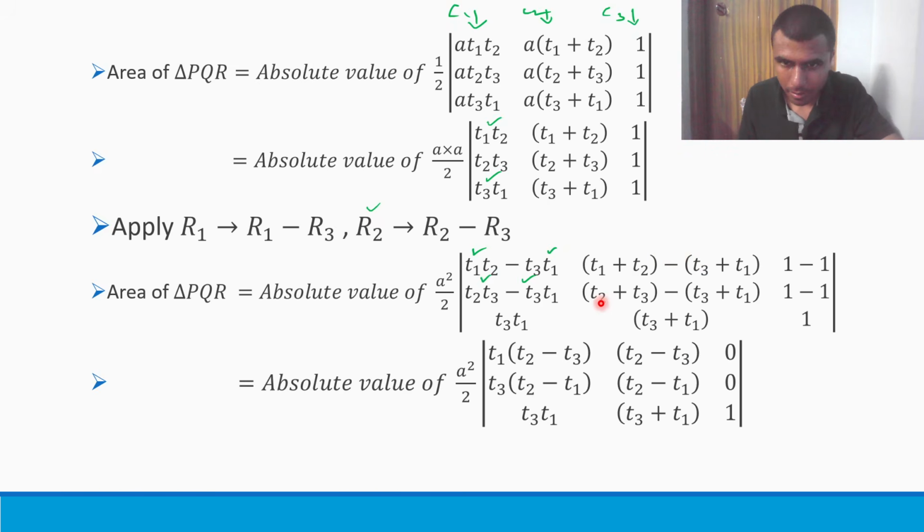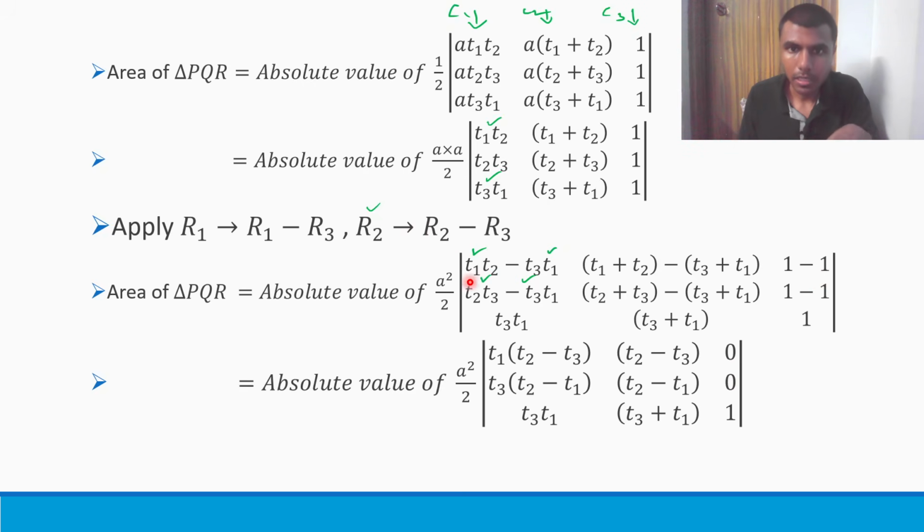Likewise here, T2 plus T3 minus T3 minus T1, so my T3 cancels and I get T2 minus T1, because minus goes to both, please remember that. So that's why I got T2 minus T3 here and T2 minus T1 here. And 1 minus 1 is 0.